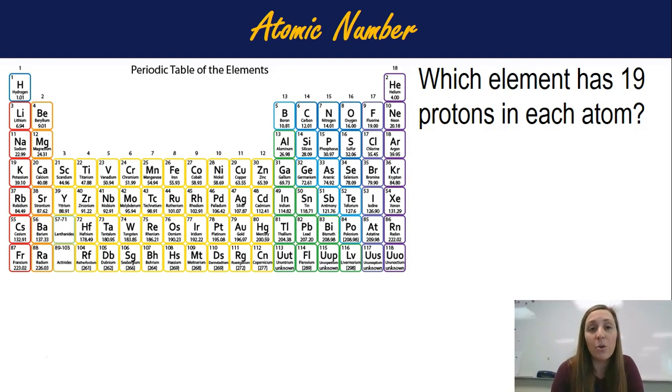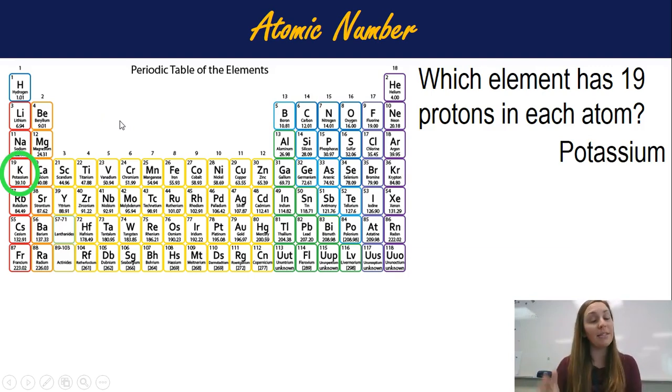So if I asked you a question that said, which element has 19 protons in each atom? Well, you're going to read this 1, 2, 3, 4, 5 until you get to 19, which is right here, potassium. So potassium has 19 protons in each atom. So if you have a sample that has 19 protons, it has to be potassium. It can't be anything else.